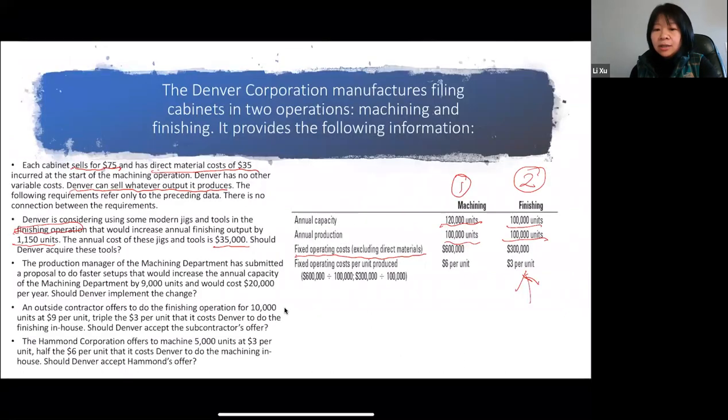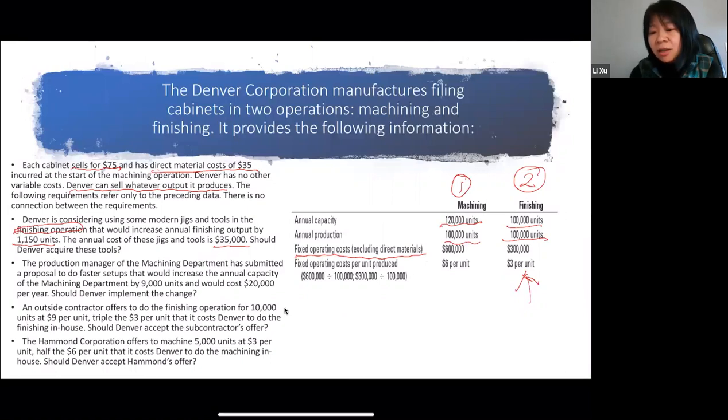Now let's take a look at the second action the company is thinking of. You also have this in your study notes, okay? So if you cannot see it clearly, you can read your study notes. Here, the production manager of department one, the machining department, also has a proposal. They said, hey, we can do it faster. We can increase the annual capacity.